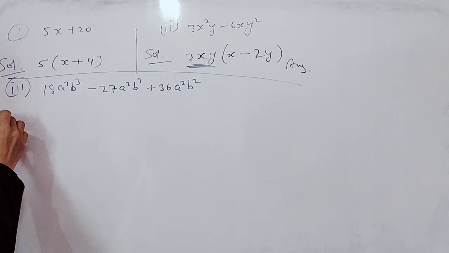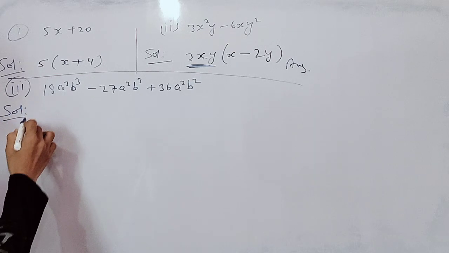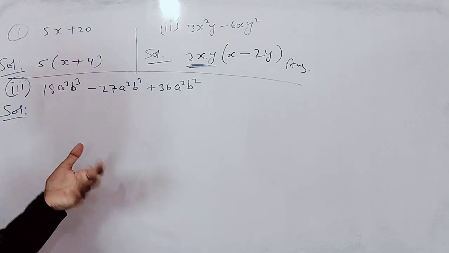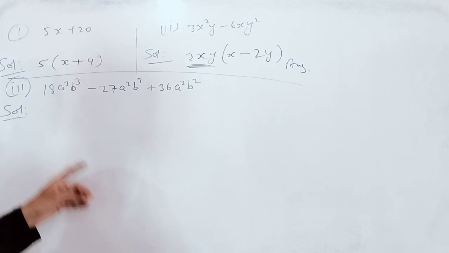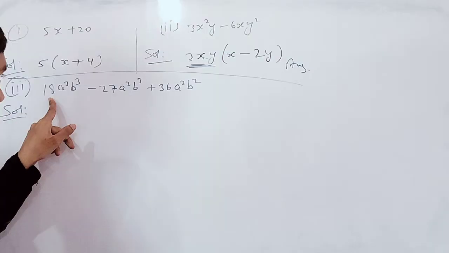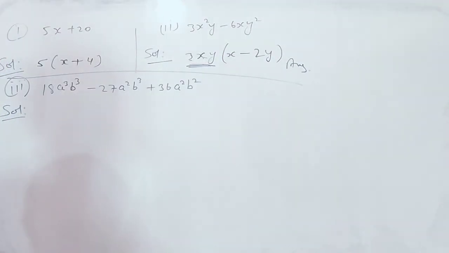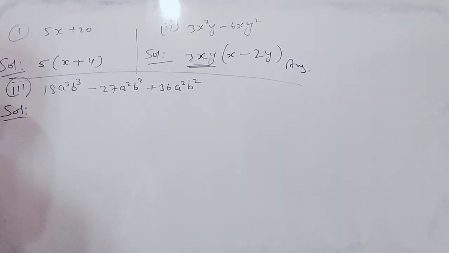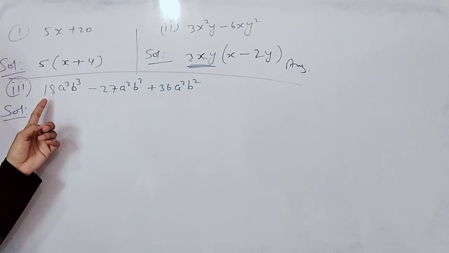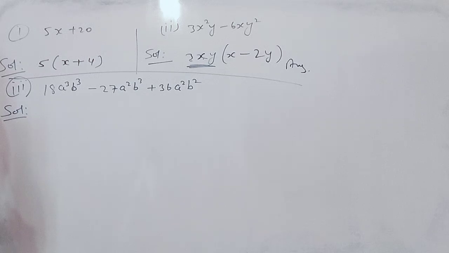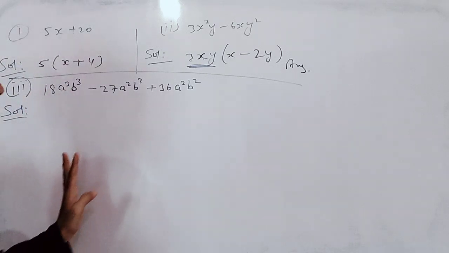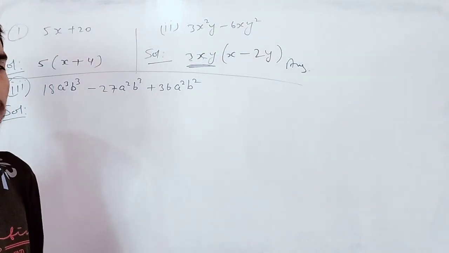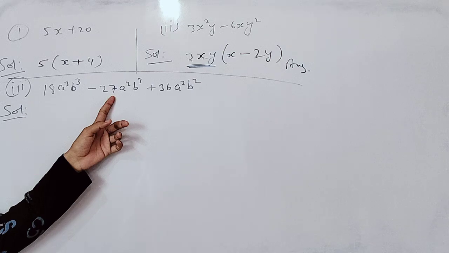Same in this question. See, look at this. Where is the common? What is the common? Here it is coming in the table of 3. This is also, and this is also. Here 18 is coming in the table of 2, but 27 is not coming in the table of 2. 36 it is coming. But what about this?